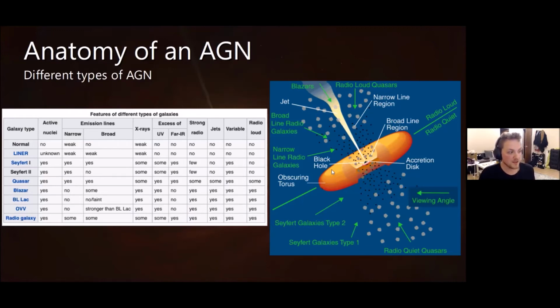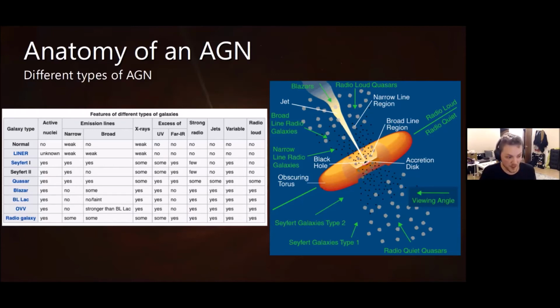And then you have even different types of galaxies as well. It's not always that an active galaxy has a jet present, but if there is a jet present, there is usually quite a lot of radio emission. So in that case, we have a radio loud quasar or radio loud galaxy.